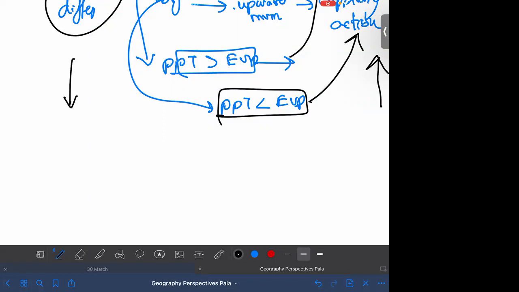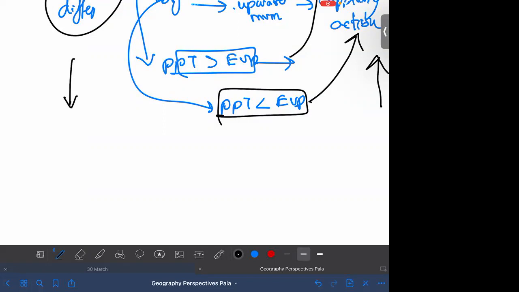For example, calcareous soils are formed due to the domination of limestone rocks. When limestone rock erodes, the soil formed has a very high calcium content. So you see calcareous soils. These are also part of the intrazonal soils. We'll see them again. When we come to intrazonal, we can say once more how parent material influences.